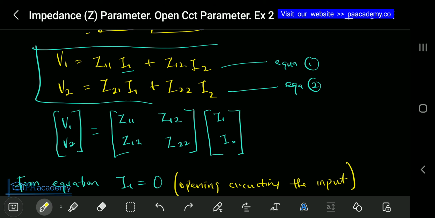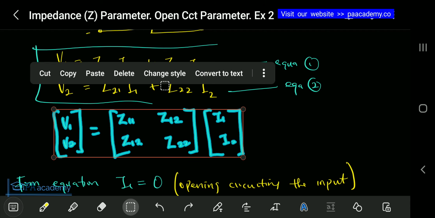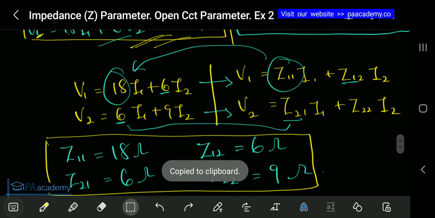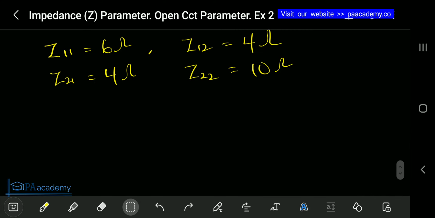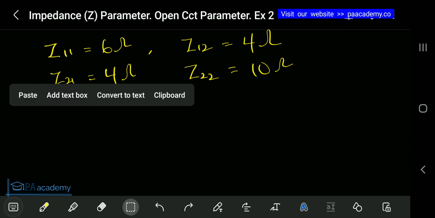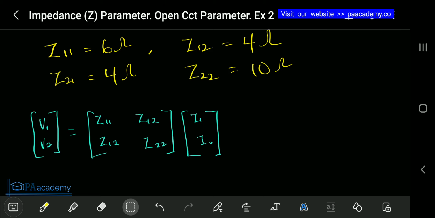So let me just copy this and paste it here. So this is what the matrix form will look like. If you have to replicate that, our answer will be like this.